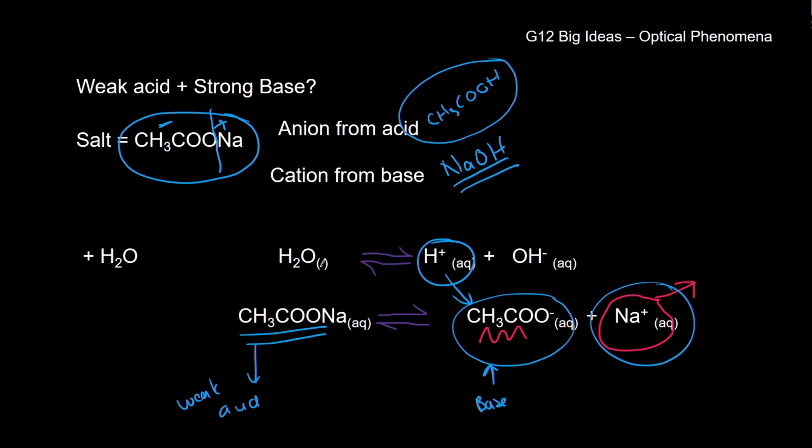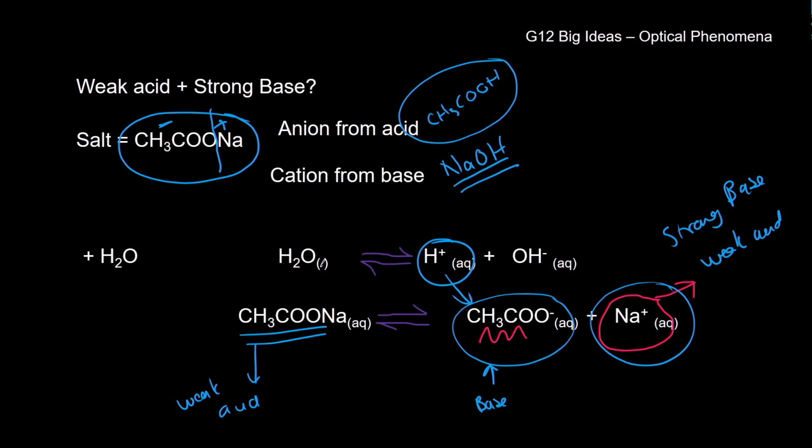Why will sodium not participate? Why will it be quite happy? Well, it comes from a very strong base, so it is a weak acid. It's not going to be wanting to do anything. So it stays in its ionic form, but this acetate ion is a strong base. It wants to grab onto those protons.